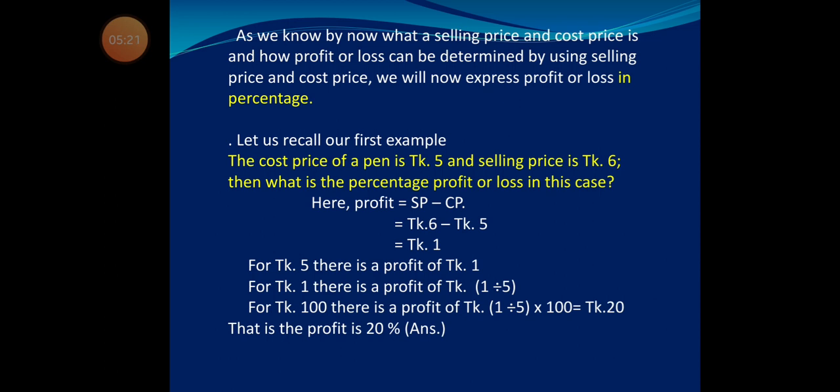For taka 1 there is a profit of taka 1 over 5. For taka 100 there is a profit of taka 1 over 5 times 100, which is taka 20. That means the profit is 20%. Here what you need to determine is that when the cost price is taka 100, what is the profit? Then you are done.